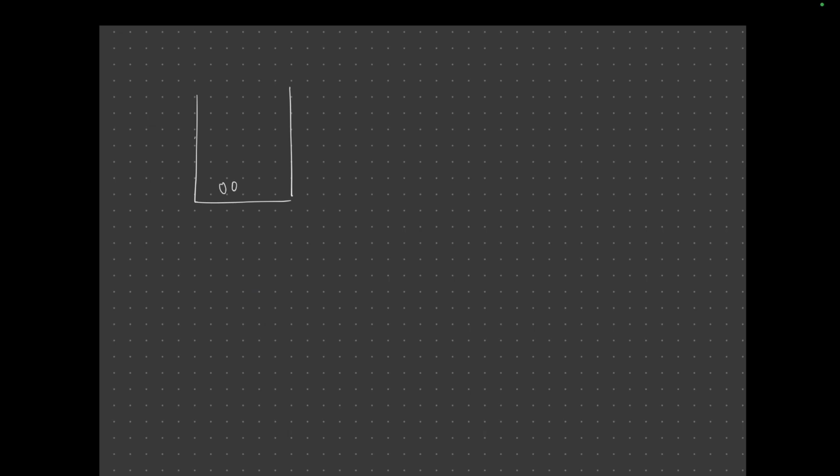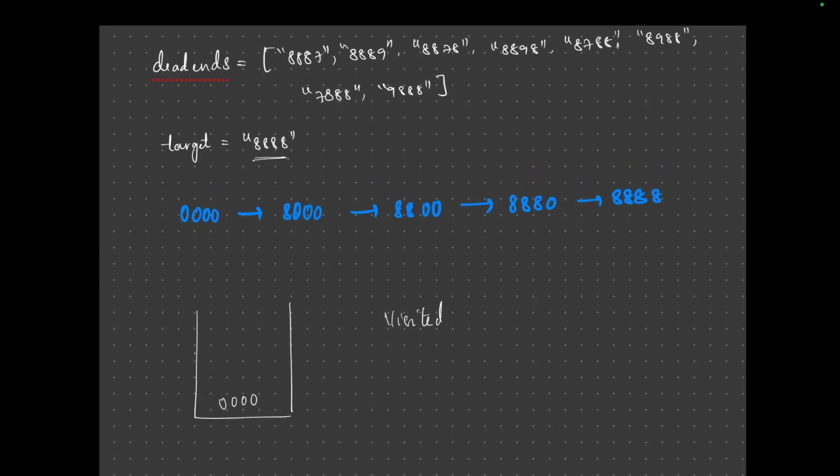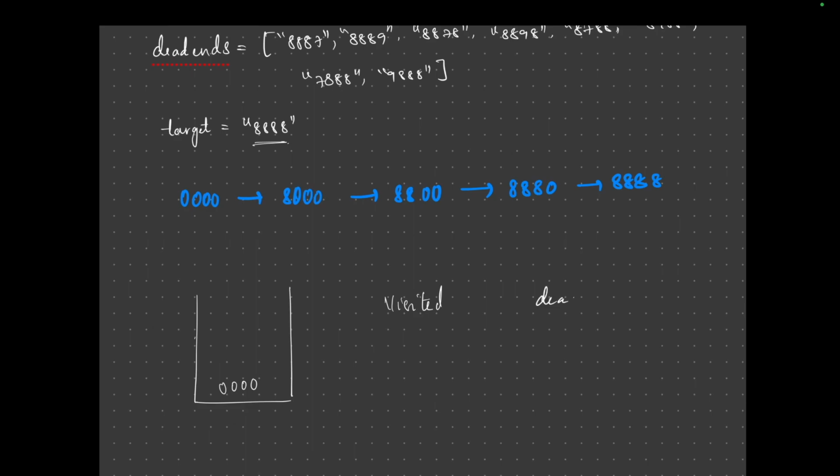So I'll add 0000, and I'll maintain two sets. One is visited and one is obviously the deadends. So the deadends array or list we'll convert into a set, right? Make sure you convert your deadends.